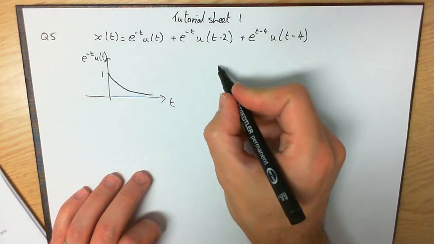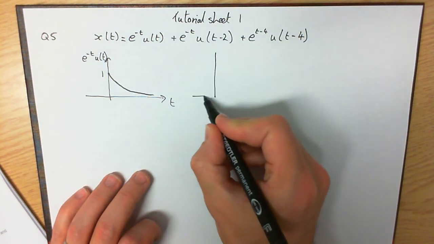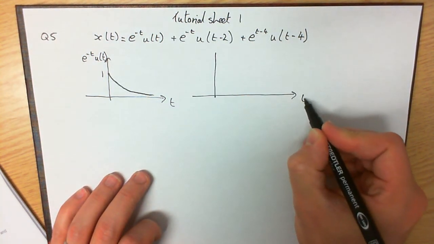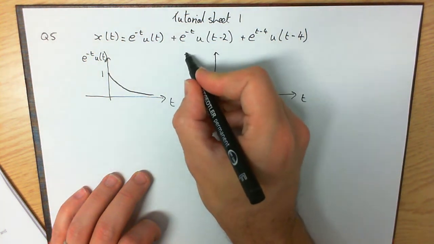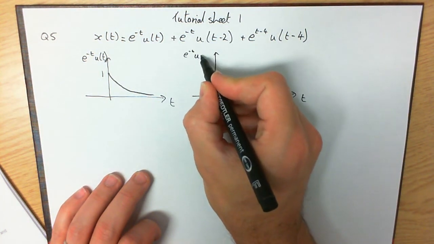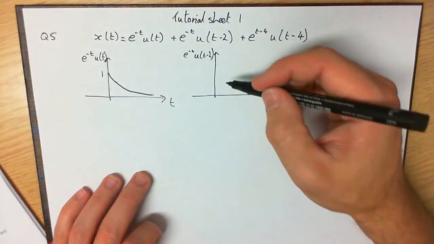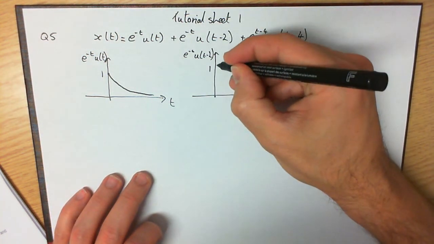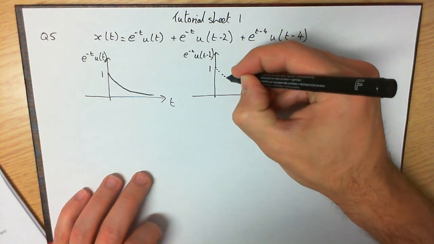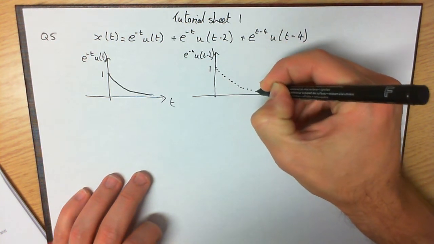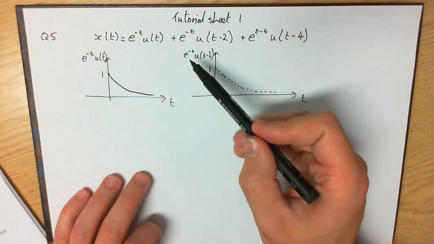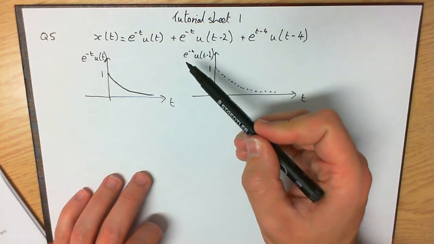Second function, which is e to the minus t u of t minus 2. Well, it's still an exponential, so I'll still draw this exponential, but at the moment as a dotted line, because we're familiar with what e to the minus t looks like.